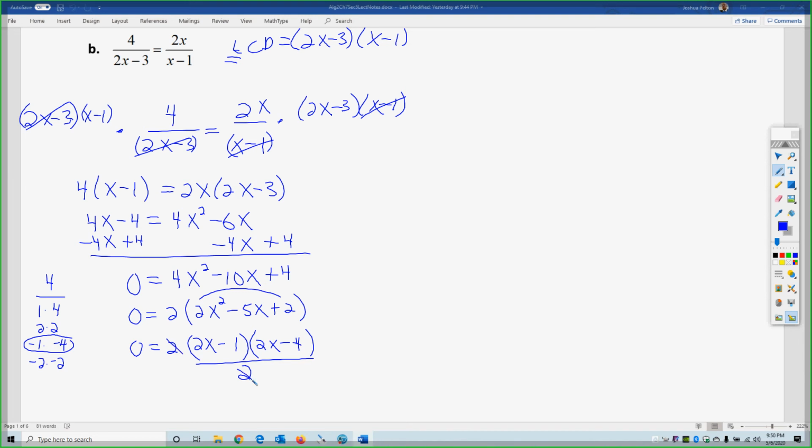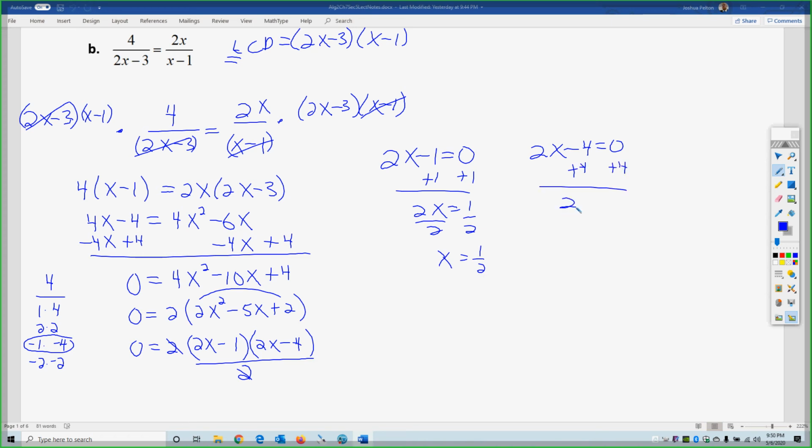Now we get 2x minus 1 equals 0 and 2x minus 4 equals 0. If we add 1, 2x equals 1, divided by 2, x equals 1/2. Add 4, 2x equals 4, divided by 2, x equals 2.